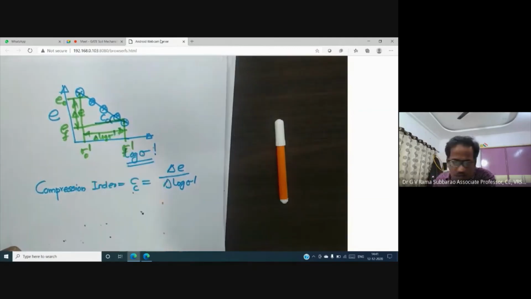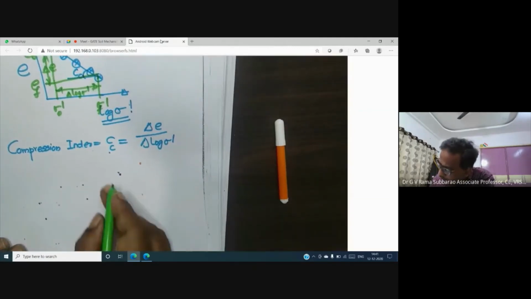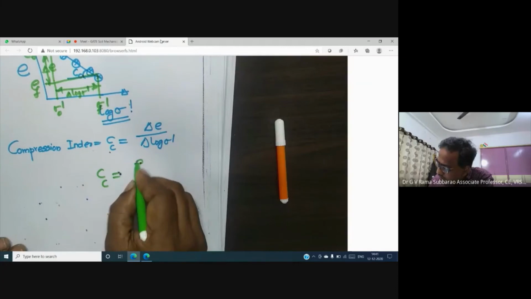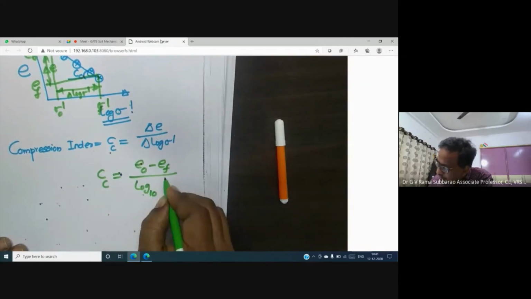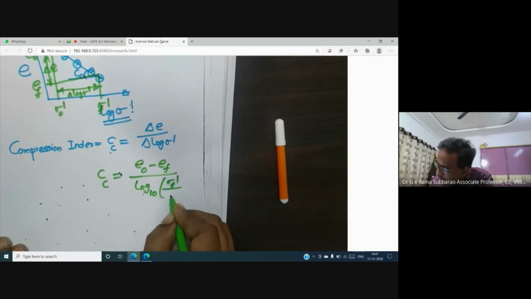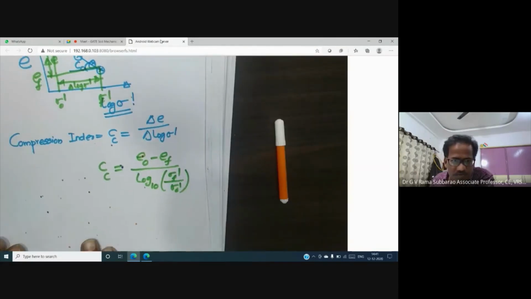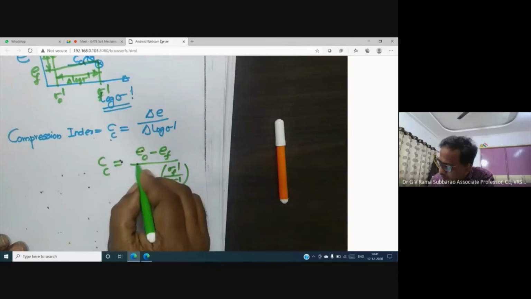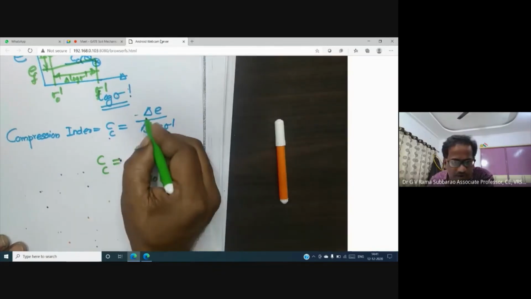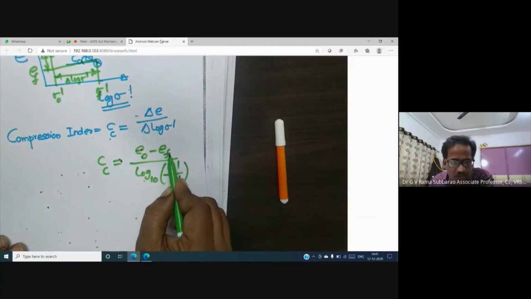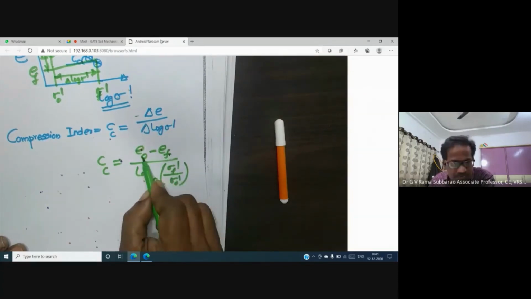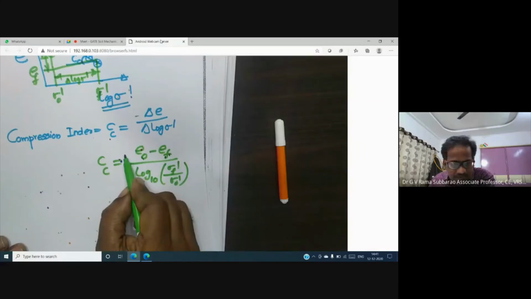Can you explain now? Yes, Cc is equal to e naught minus ef by log10 of sigma f dash by sigma naught dash. So don't hesitate now. If somebody is not seeing minus here, why am I not writing minus? Because I have written initial minus final. If you are writing final minus initial, don't forget to keep minus.